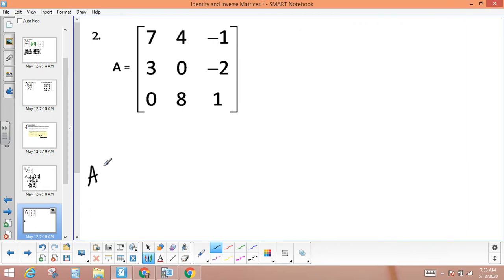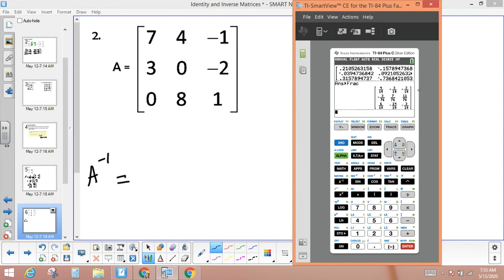So we know that A inverse is equal to, I'm going to pull it back up so you can look at it. All right, now I have it written down on a piece of paper, so I'm going to write it down up here for you, but my calculator is going to go away.